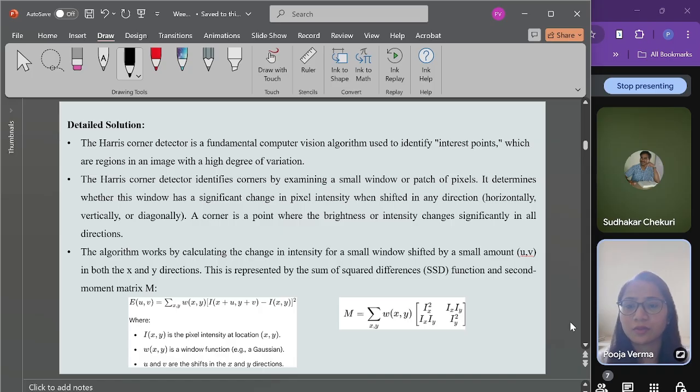As we know, Harris corner detector is a fundamental computer vision algorithm that is used to find interest points, which are regions in an image with a high degree of variation.